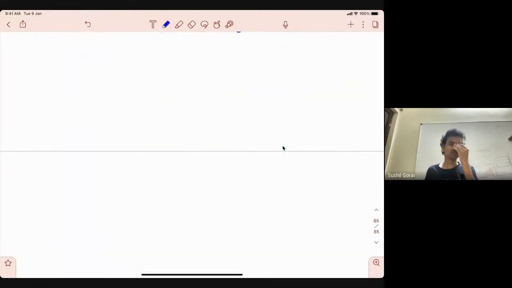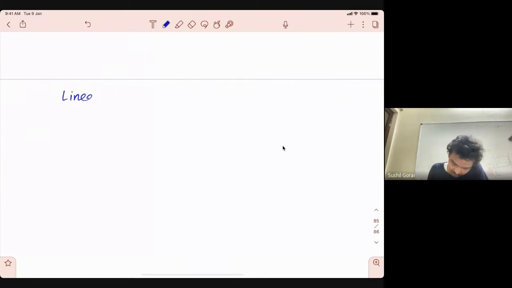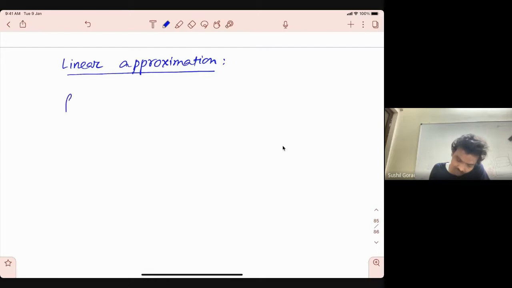So let us now look at the approximation. We had another interpretation of the derivative, right? For the real line, linear approximation. If you have a function from R to R, what is the derivative? It's the approximation of f by a linear function.